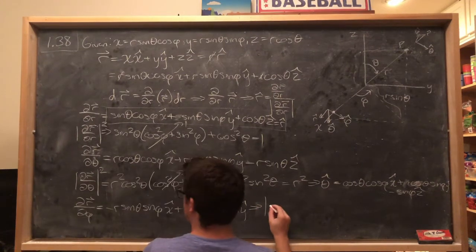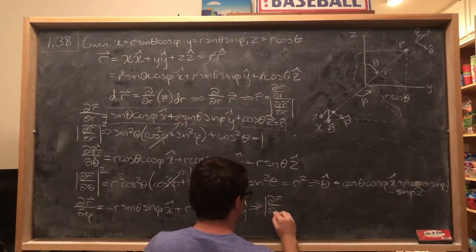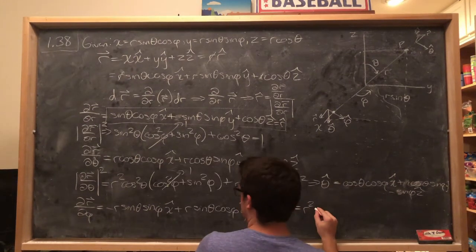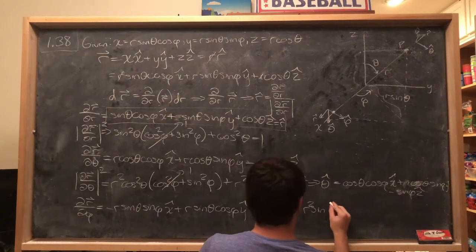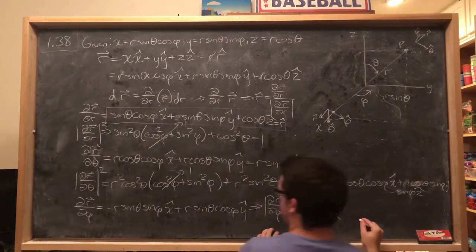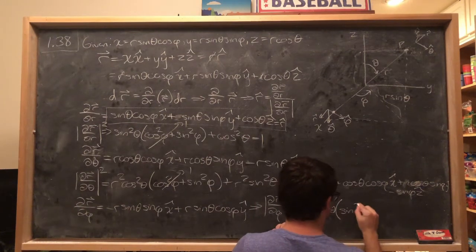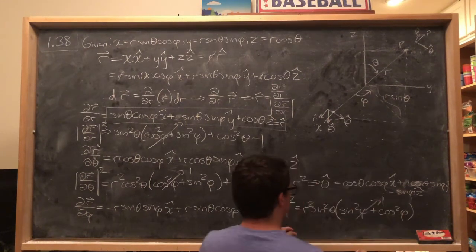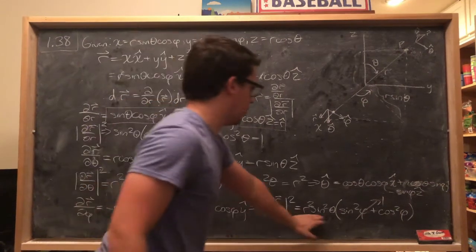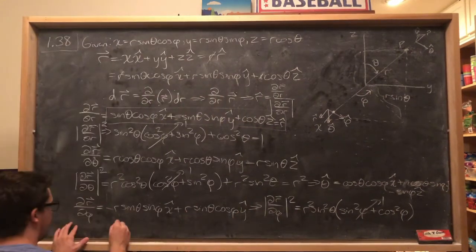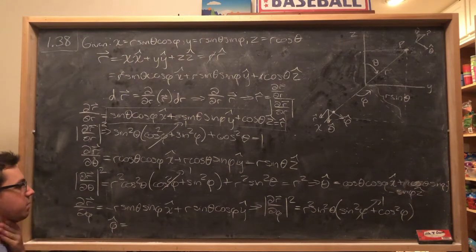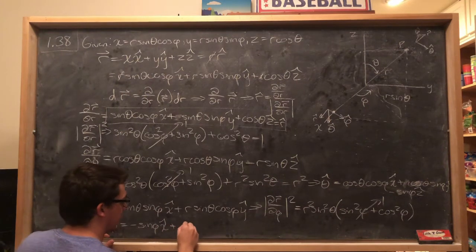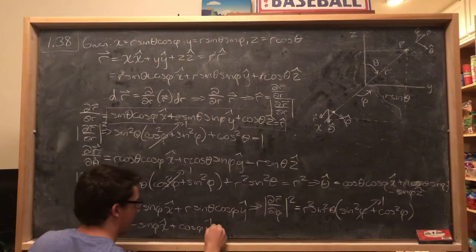Then we want to normalize this. The magnitude squared equals r squared sine squared theta times sine squared phi plus cosine squared phi. This is 1, and so our magnitude of this is r sine theta. So then to get phi hat, we just divide this by r sine theta. So minus sine phi x hat plus cosine phi y hat.